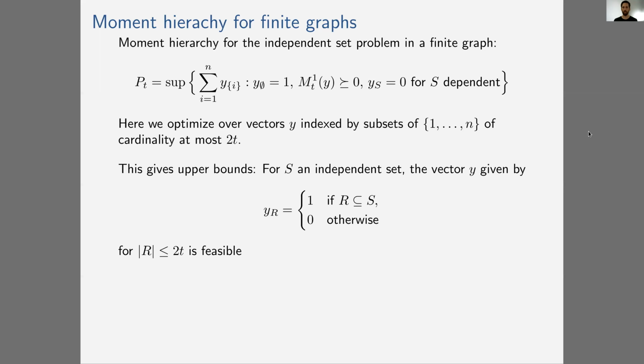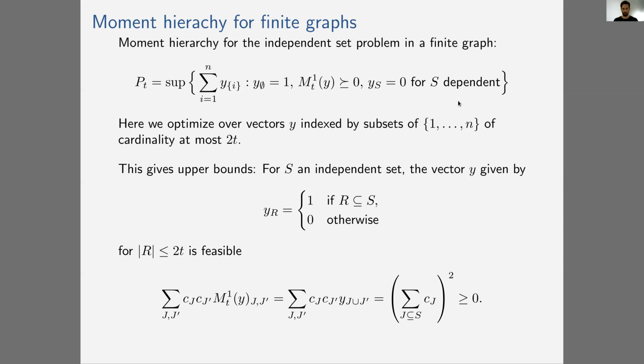You can easily check that it satisfies the normalization condition, and that it is indeed 0 whenever R is dependent. You can check with a double sum argument that this moment matrix is really positive semidefinite, and then the objective is going to be the cardinality of S. So this all works out. Here, by the way, is the double sum argument: you construct a square, and then this is non-negative.